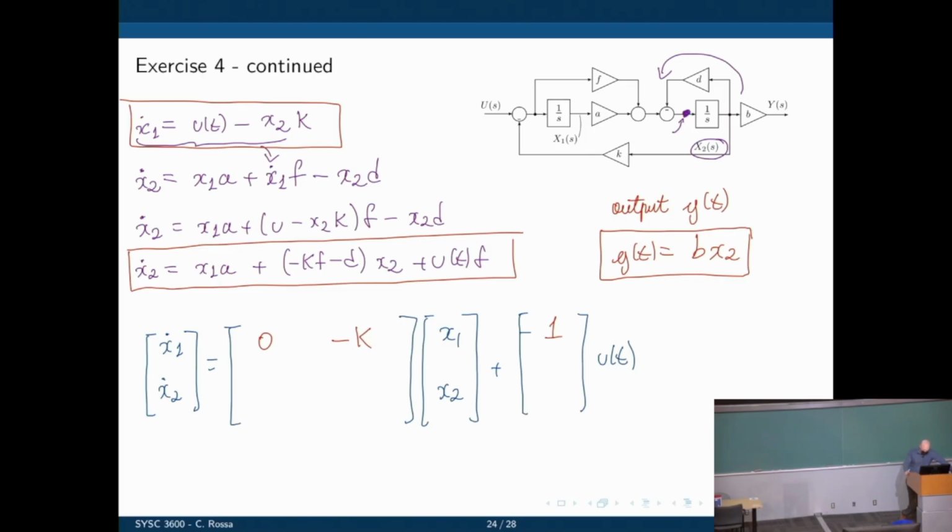For x2 dot, for x1 we have a, for x2 we have minus k f minus d, and for u we have f.